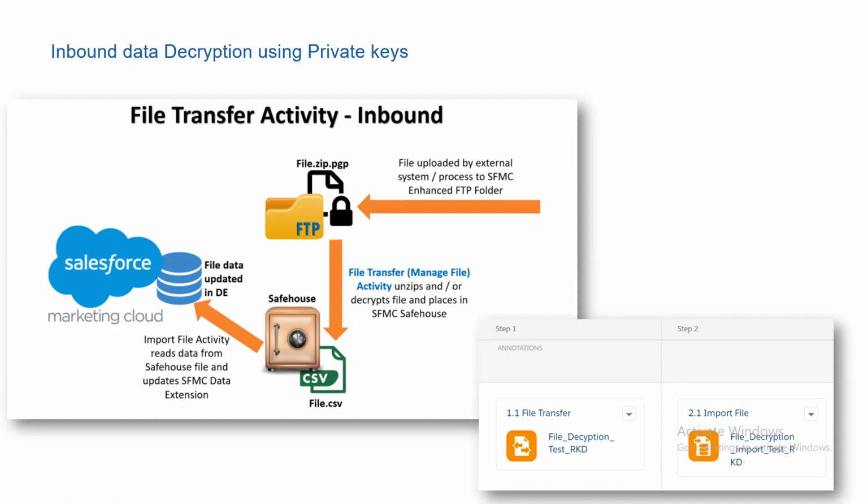Under that file transfer activity, we have an option called manage files. It is going to unzip or decrypt the file within the Safehouse. Once the file is decrypted, automatically we can push the data into one of the tables in Marketing Cloud.